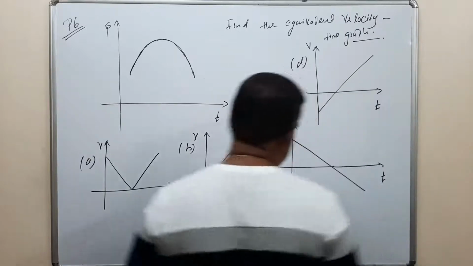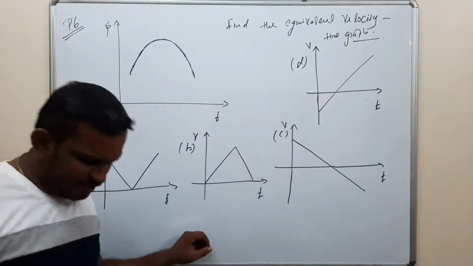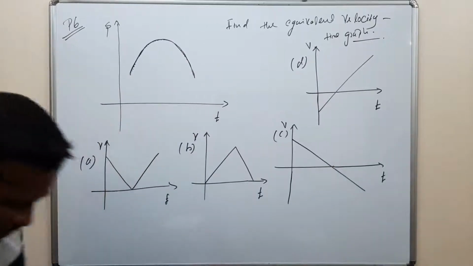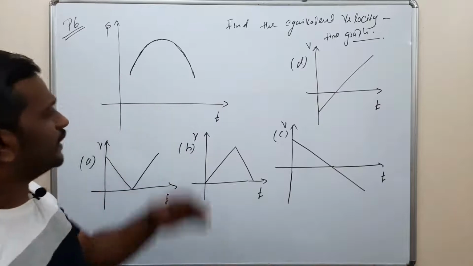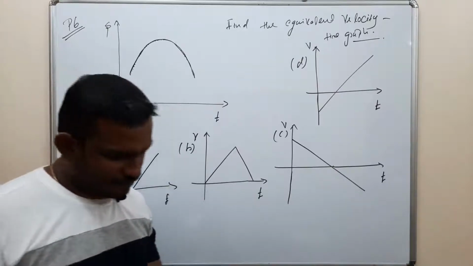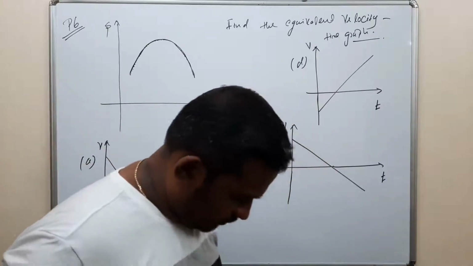So the displacement time graph is given. So we have to find the equivalent velocity time graph.